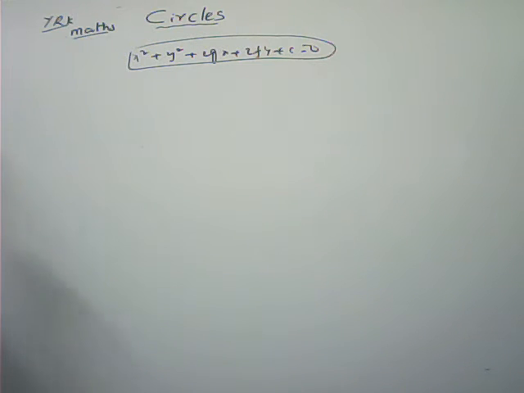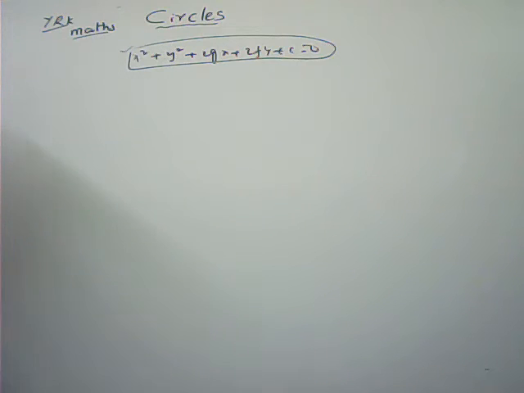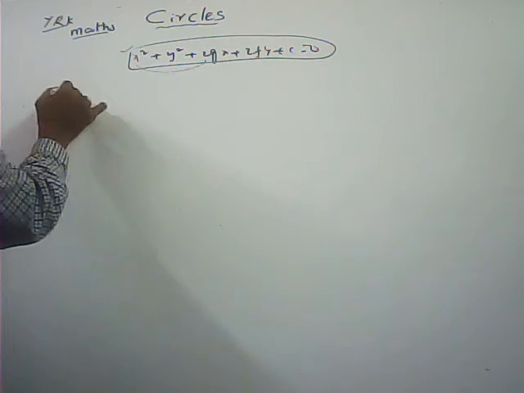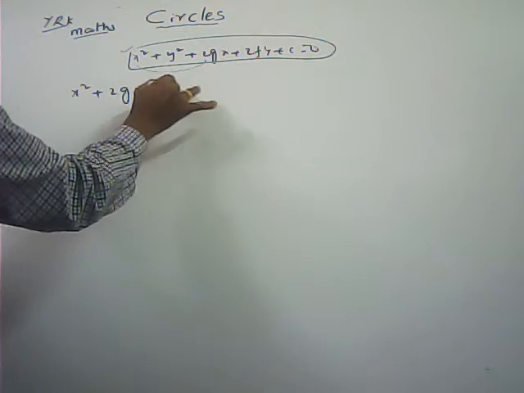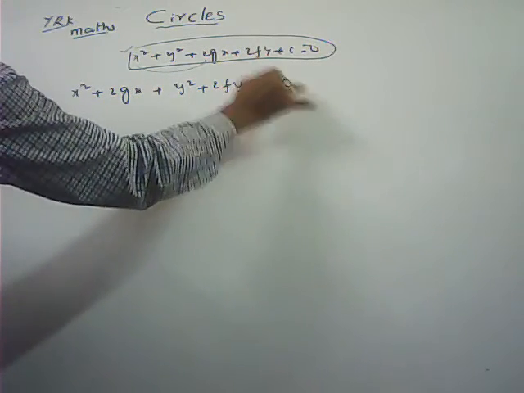And here, if the general form of the equation of the circle is given, how to write the center and radius? Here what I am doing, these 2 terms I am writing side by side: x square plus 2gx plus y square plus 2fy plus c is equal to 0.